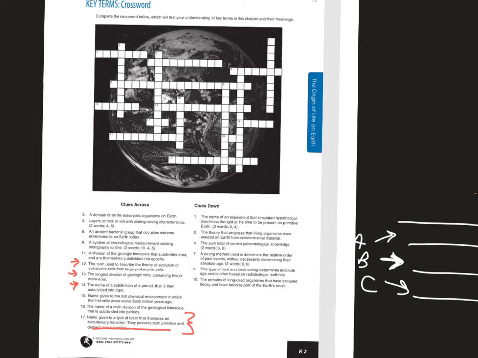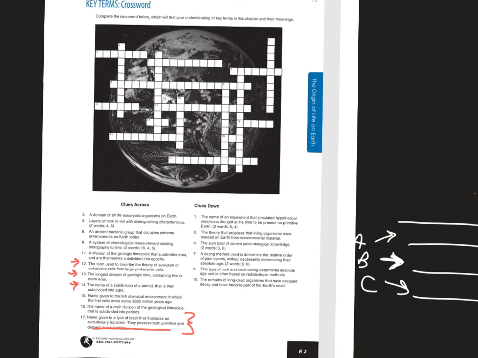So, for instance, if you can find this one, this one, this one, and this one, then you'll have 4 letters that'll help you with this one, okay, etc. You know, if you find these 2, then this one's going to be easy because you're only missing 1 letter.